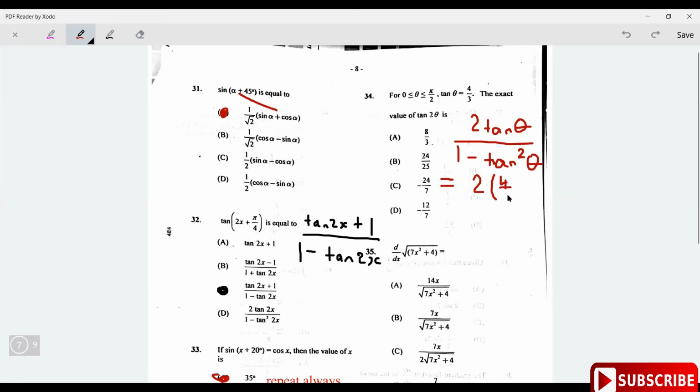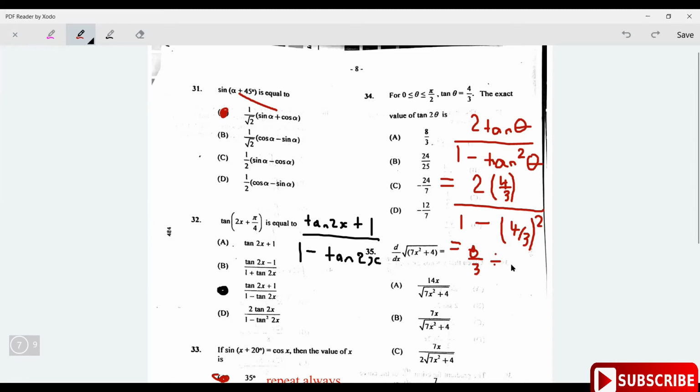So that's 2 times 4 over 3, which is 8 over 3, divided by 1 minus 4 over 3 square. 1 minus 4 over 3 square is minus 7 over 9.